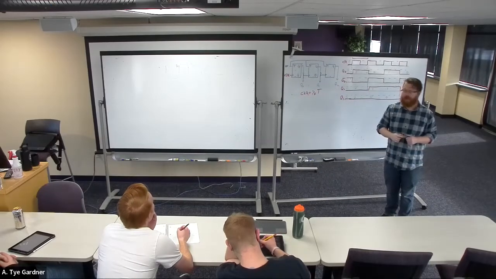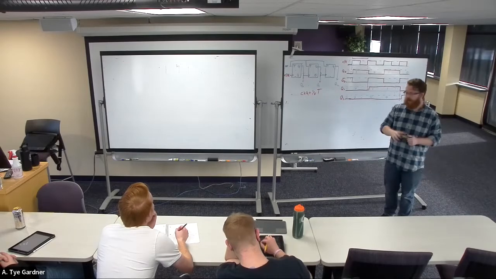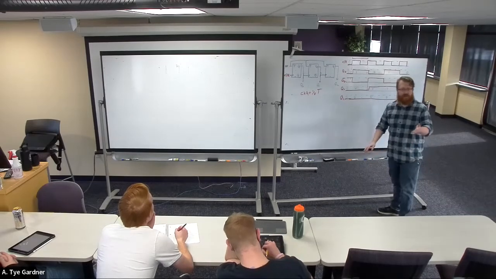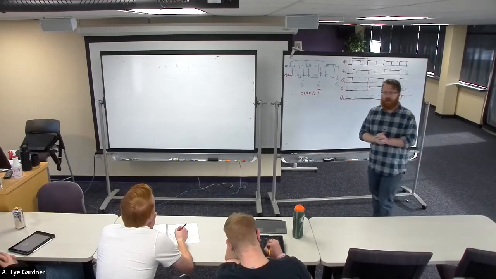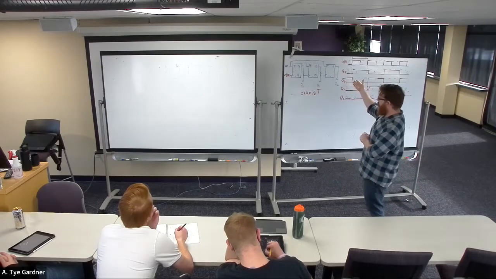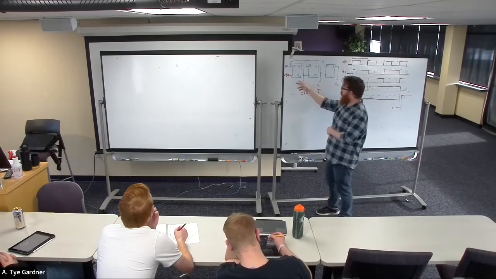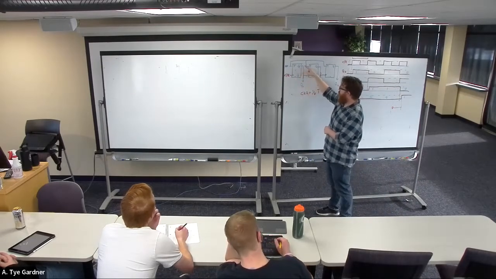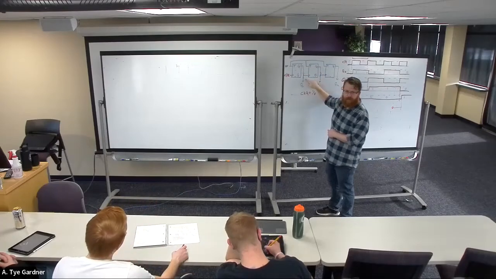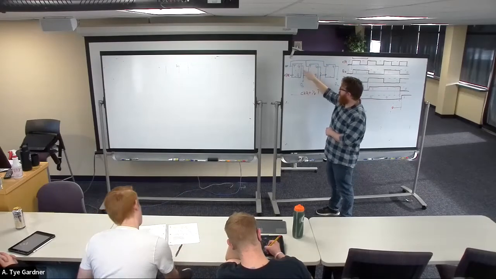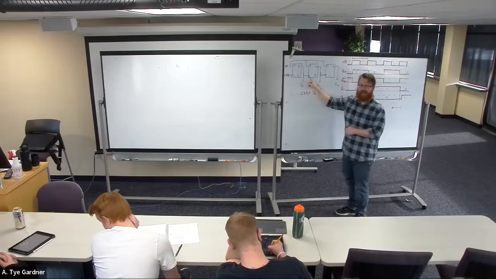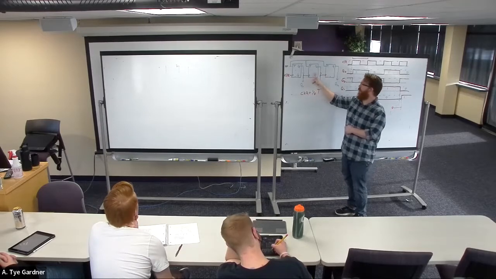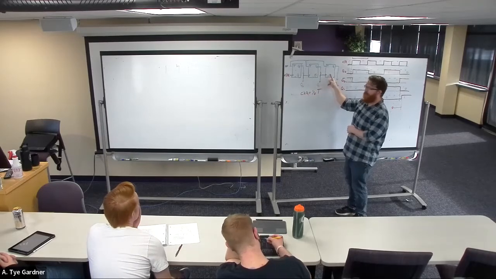You don't need to invert the first clock. No, and let's talk about why. Let's assume that this starts at 0, right? Well, if this all starts at 0, 0, 0, when the first clock happens, that causes this Q to go to 1. Because we're going 0 to 1, that makes this a rising edge, which makes this a 1, which makes this a rising edge, which makes that a 1.